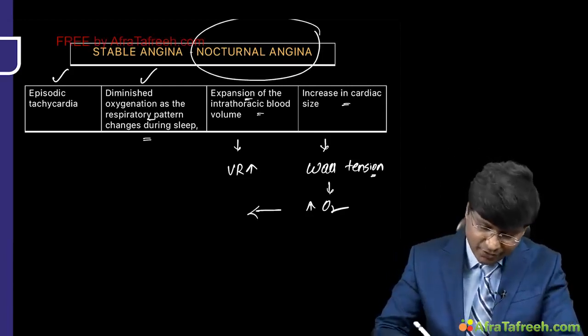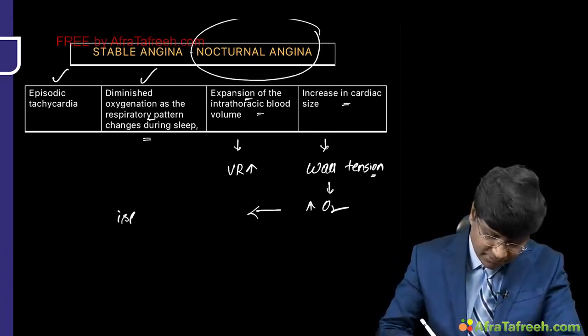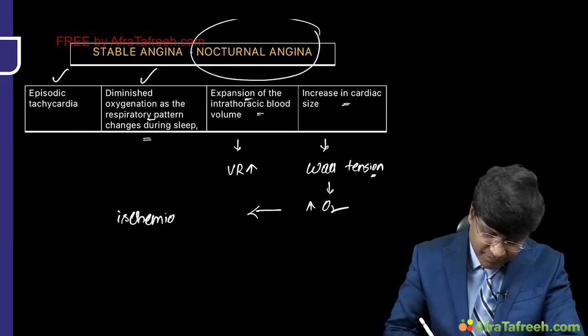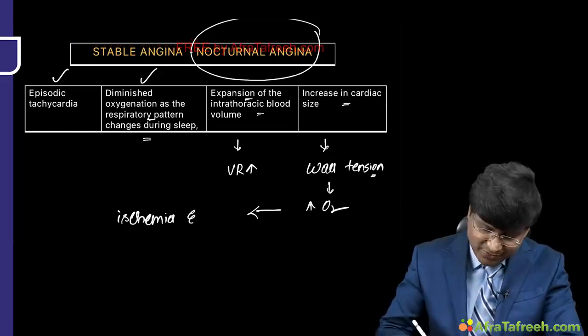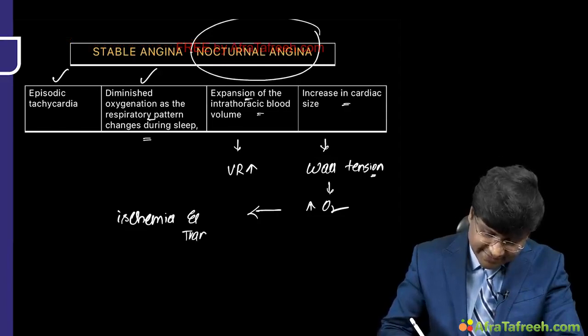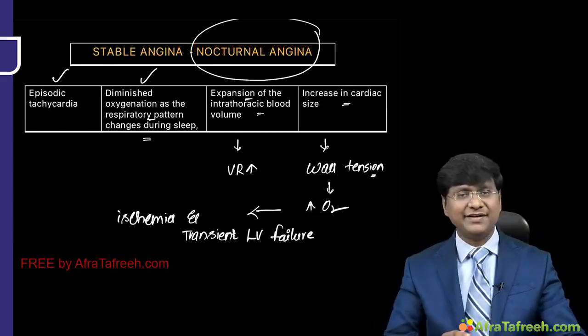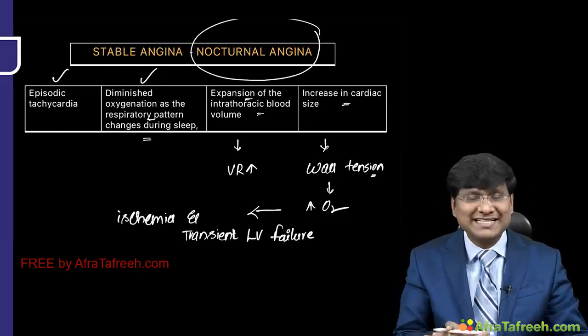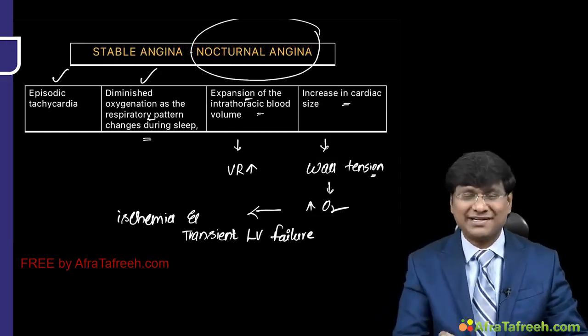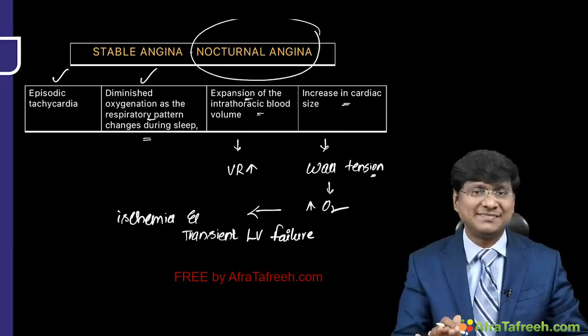So that will lead to ischemia as well as transient left ventricular failure. Right, transient left ventricular failure. Okay, so that is the mechanism for the development of nocturnal angina. These are all the reasons, right?